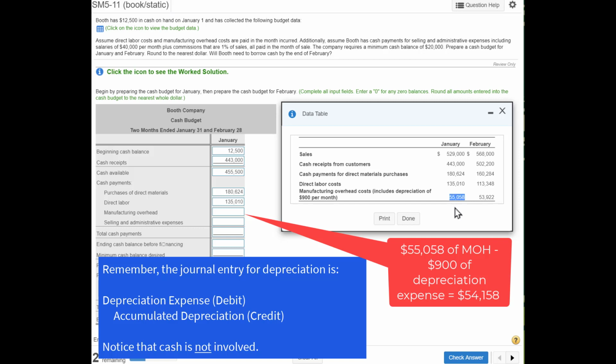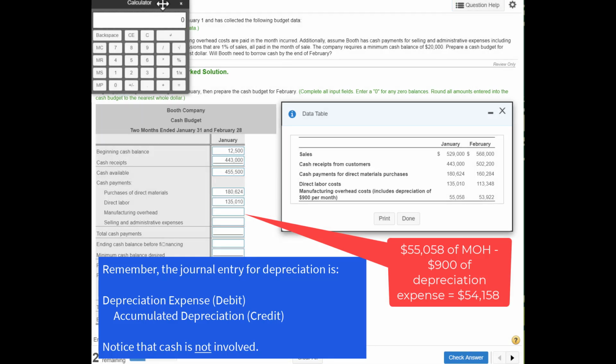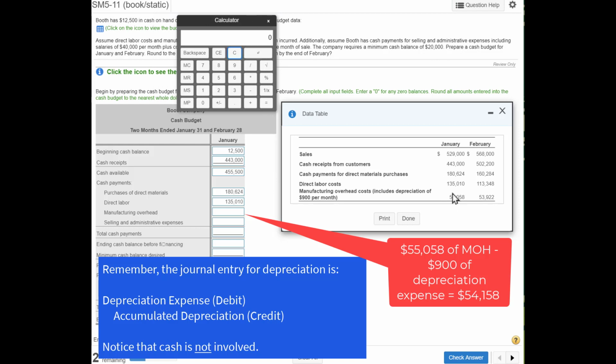So we have to back out depreciation. We're going to take $55,058, subtract $900 of depreciation, and the amount of cash that we spent on manufacturing overhead is $54,158.